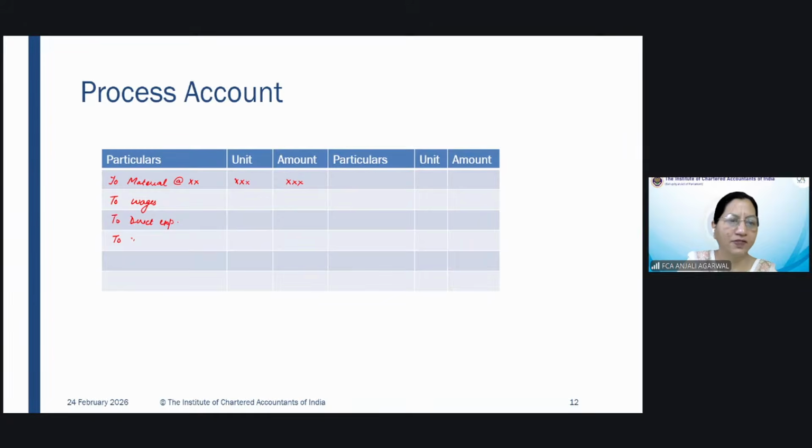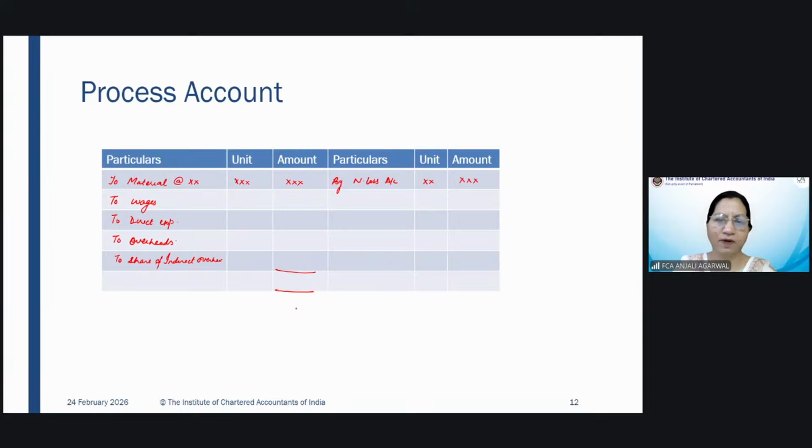Then share of overheads, which is directly attributable to the process account, and also share of indirect overheads. This will become your total cost. Less normal loss units, if they have any realizable value, then this figure will come here.